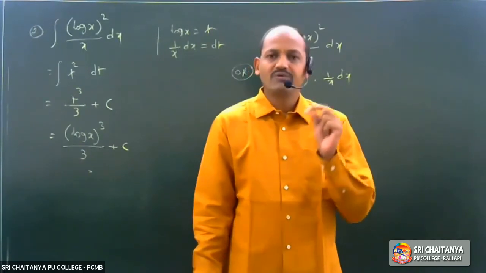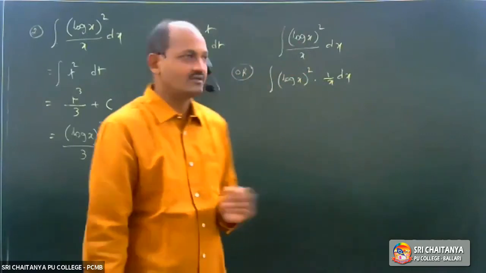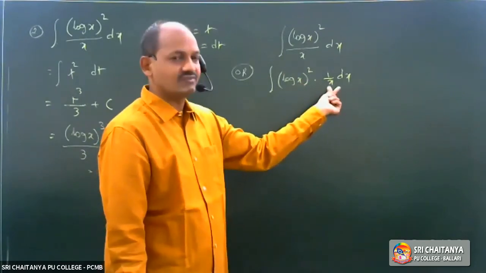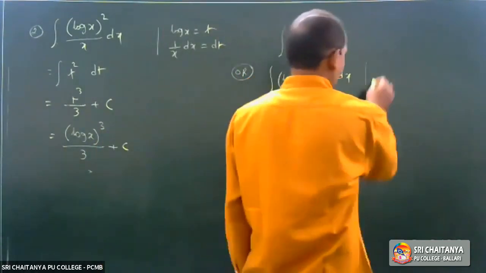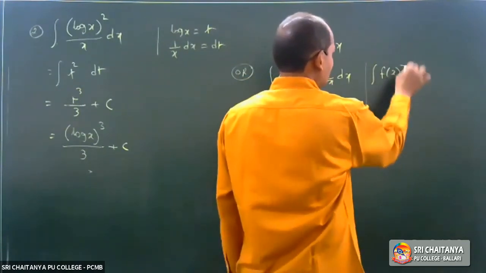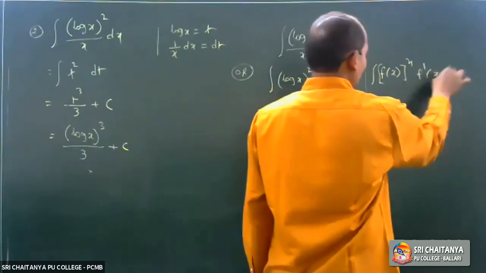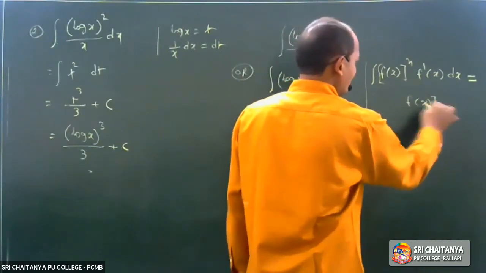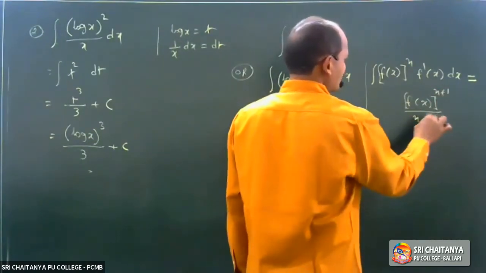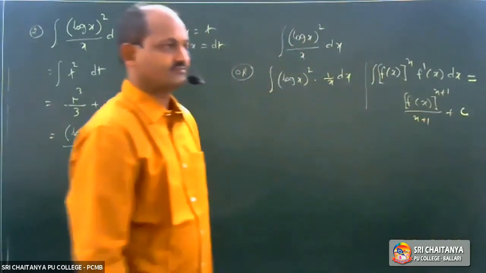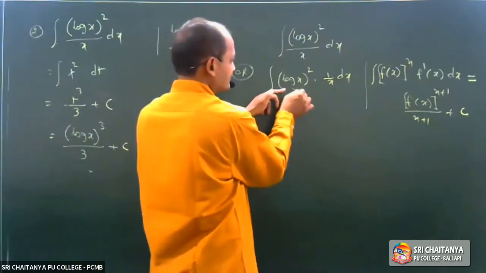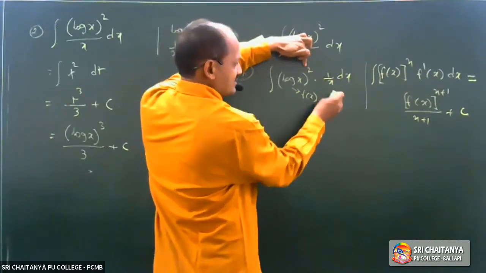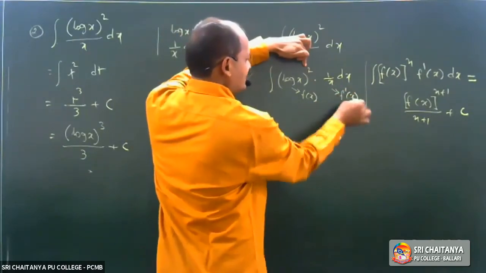The integral of f of x whole power n into f dash of x dx is equal to f of x whole power n plus 1 by n plus 1 plus c. Here the derivative of log x is equal to 1 by x.